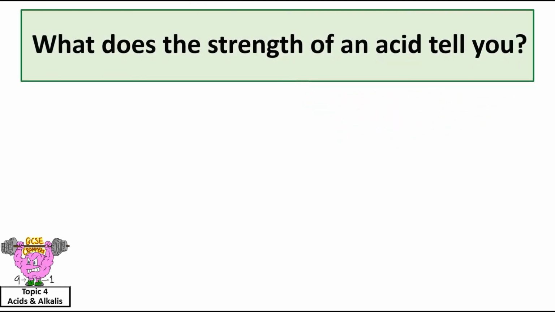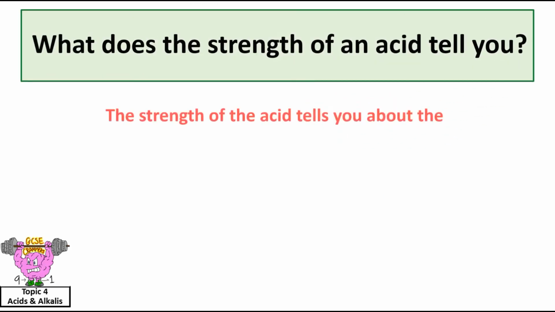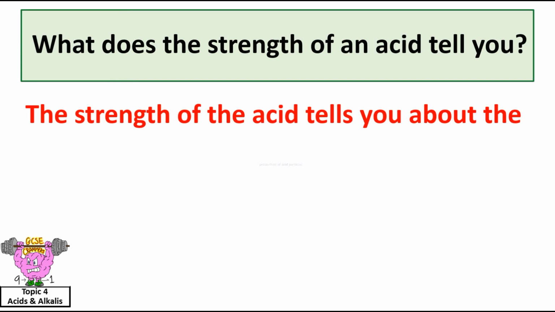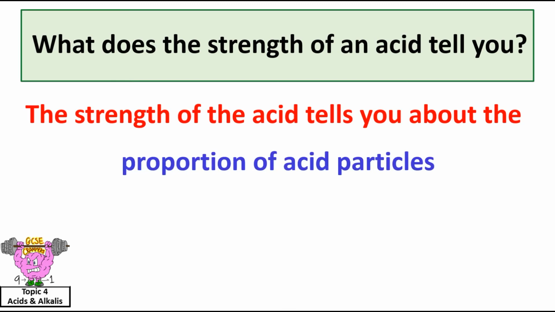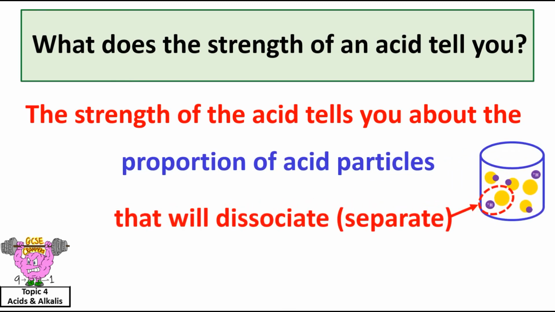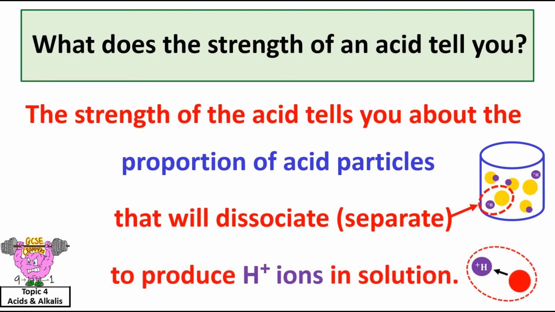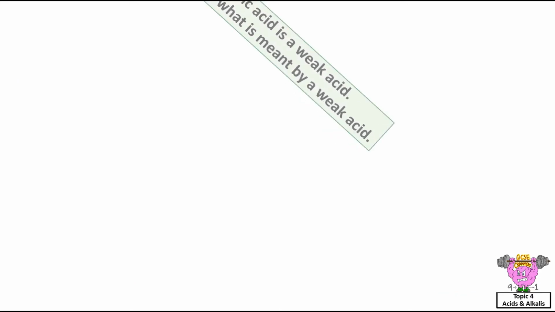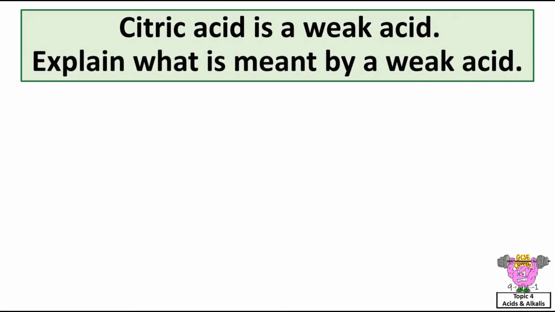What does the strength of an acid tell you? The strength of the acid tells you about the proportional amount of acid particles that will dissociate or separate to produce H plus ions in solution. Citric acid is a weak acid. Explain what is meant by a weak acid.